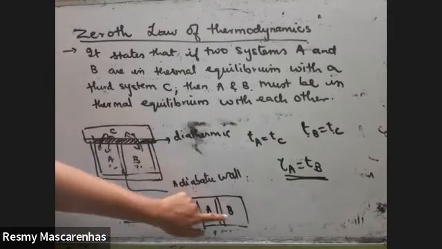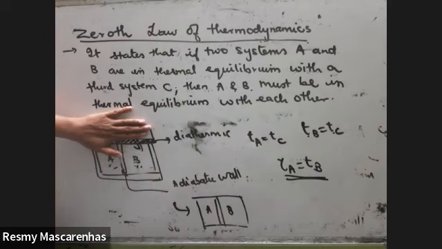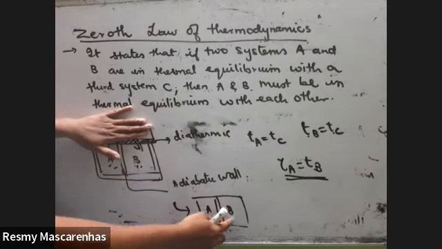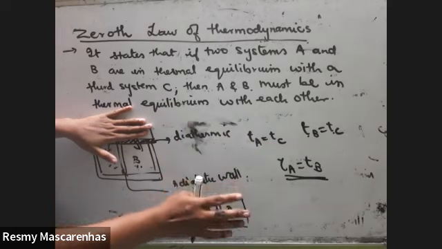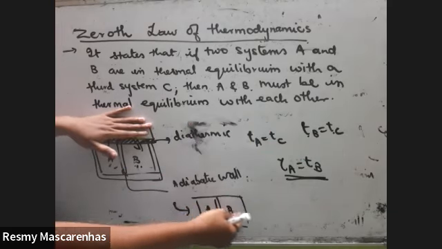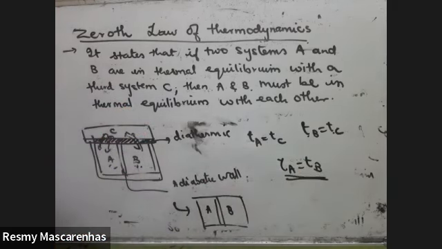If they were at different temperatures, what would have happened? Some changes would have started taking place. But once they remove the C, they notice that there is no change taking place. No change means what? Definitely they are at equilibrium. And once they are at equilibrium, you can already conclude that their temperatures must be equal. That's why they are not changing.